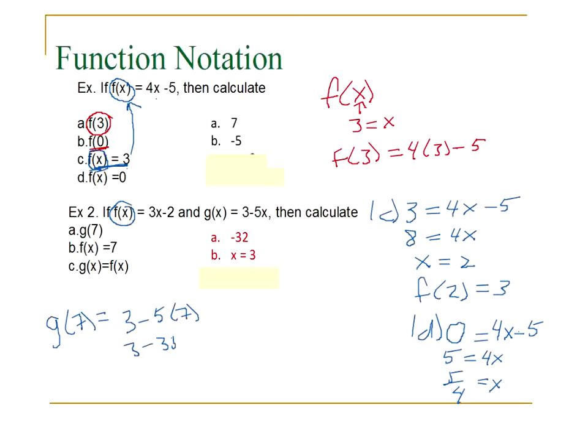And then question C says, when does g of x equal f of x? Well, this is g of x, and this is f of x. When do they equal each other? Well, let's find out. 3 minus 5x equals 3x minus 2. This was like the question we had last week, where we have variables on both sides. So I can add 5x to both sides here.